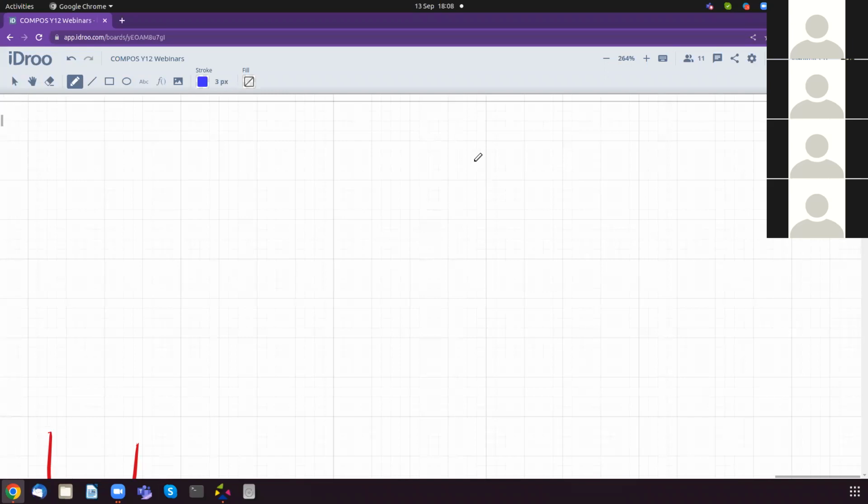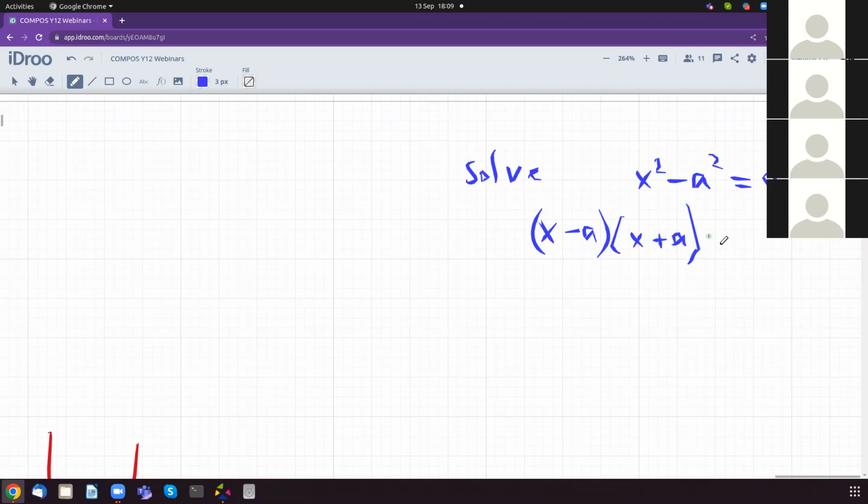So solve the equation x squared minus a squared equals 0. That's a quadratic equation. You would find x. So in this case, factorize: x minus a, x plus a equals 0.